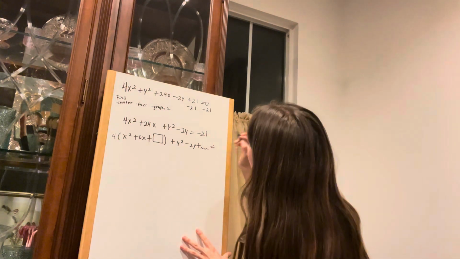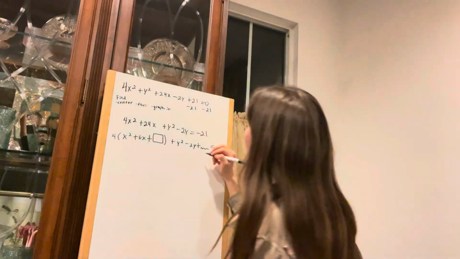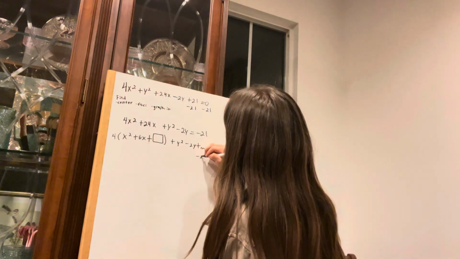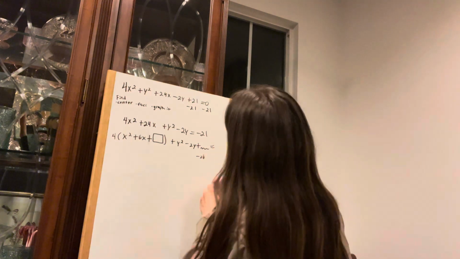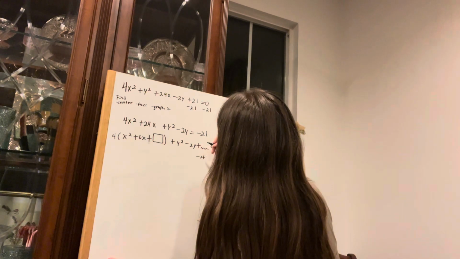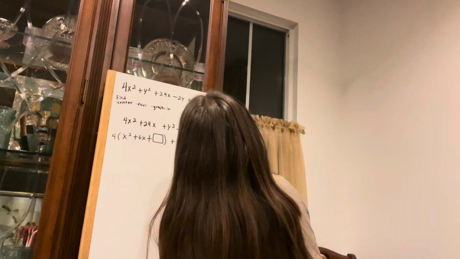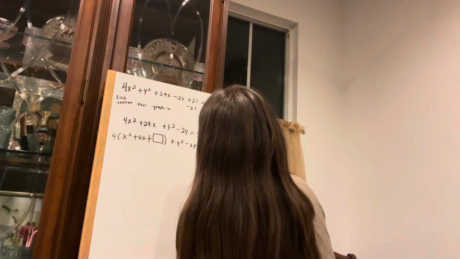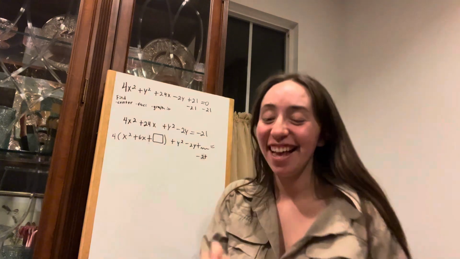Equals, and then I'm going to move the equation down here a little bit because I'm running out of room. It's going to be negative 21. Oh my goodness, I'm sorry, it's been a very long day.